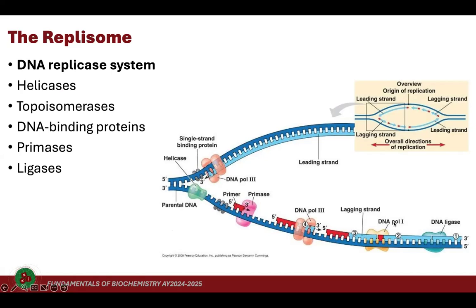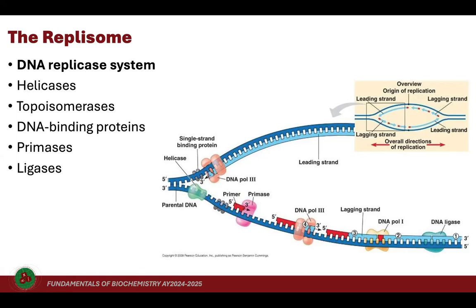Okay. And then this is now the answer. For the removal of your RNA primers, this is performed by DNA polymerase 1. Your DNA polymerase 1 recognizes those RNA nucleotides, and it knows that this shouldn't be there in the newly synthesized DNA strand.